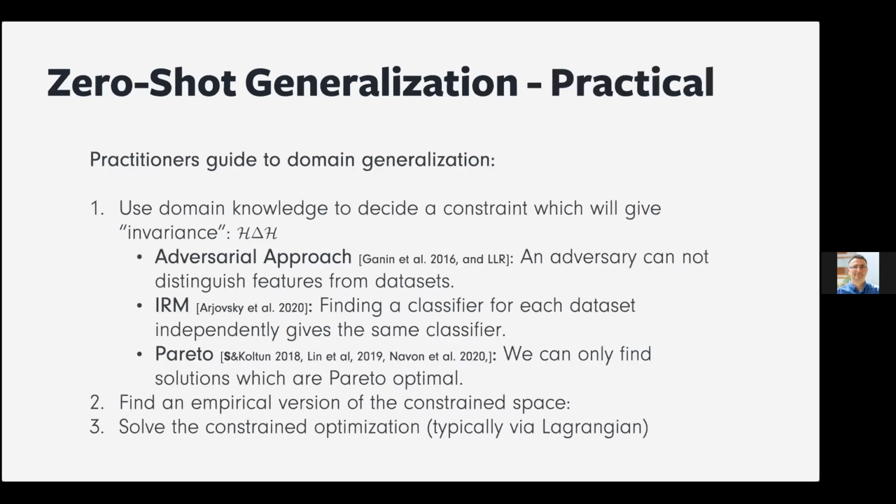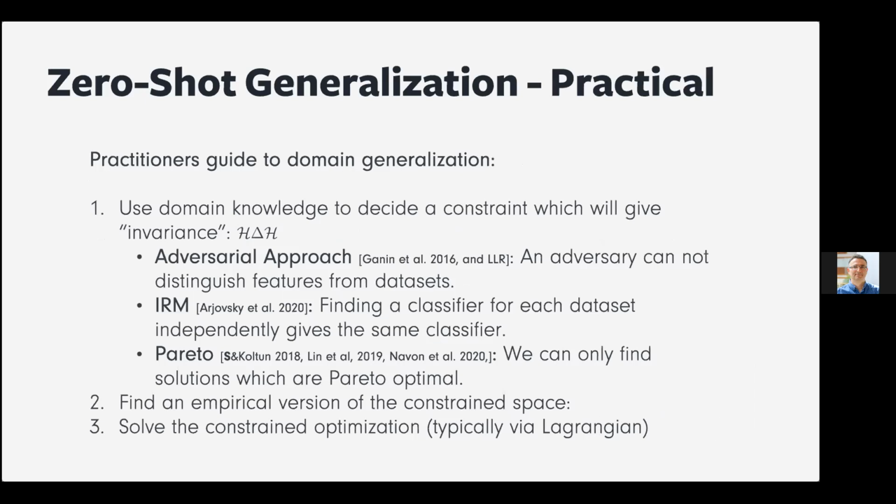And it actually gives you a nice practical guide to do domain generalization. The guide is: use all your domain knowledge to decide what is the right definition of an invariance for you, so that you can enforce it over this representation space. And there are many of them.